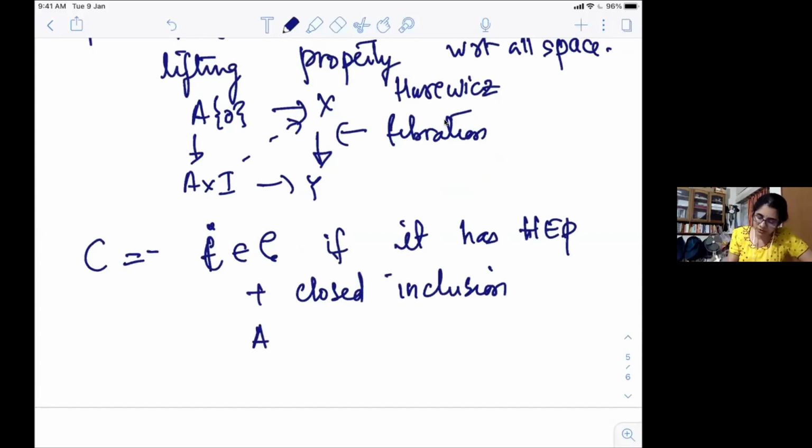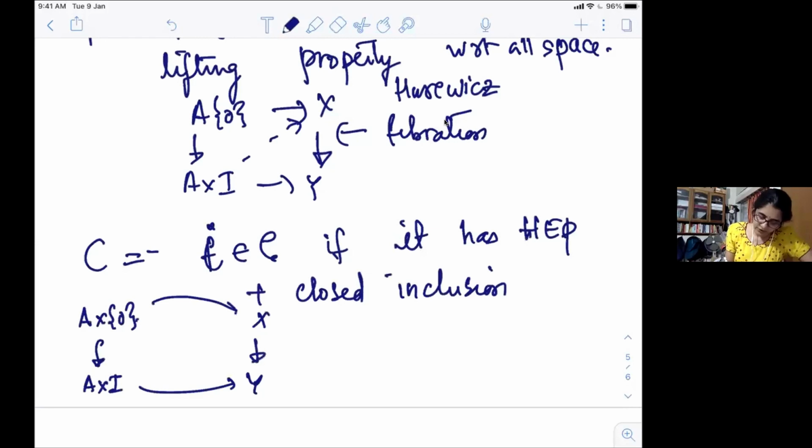Just to recall, what was the homotopy extension property? I can write it like a diagram. Suppose I had maps like this.